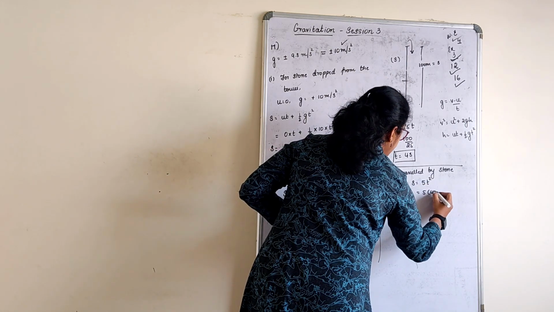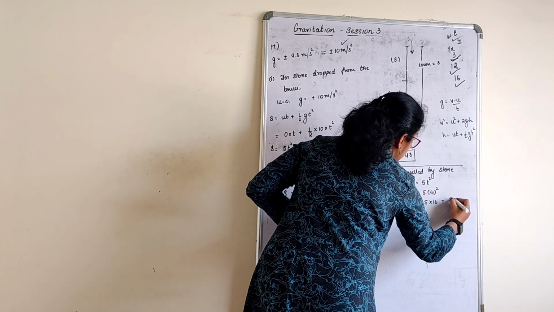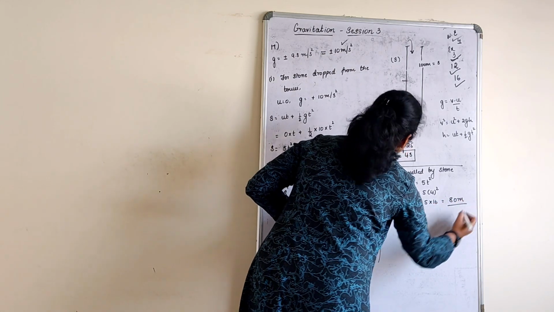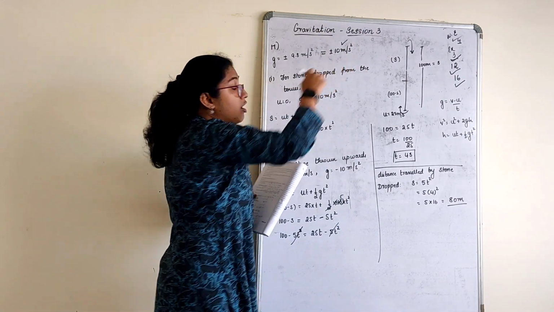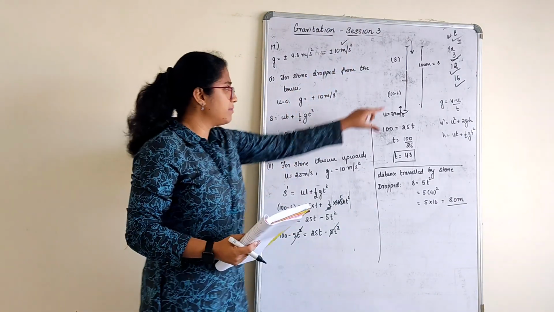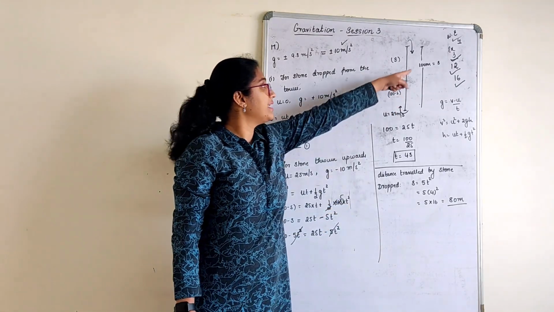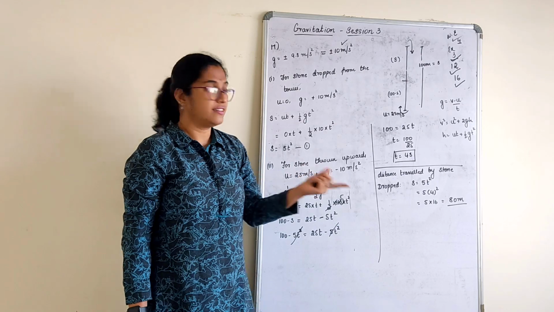So 5 into 4 square, 5 into 16, that is equal to 80 meters. So from the top, the stone will travel 80 meters. Now just tell me, how much should this be, children? It should be 20. Why? 80 plus 20 will give me 100. Right?